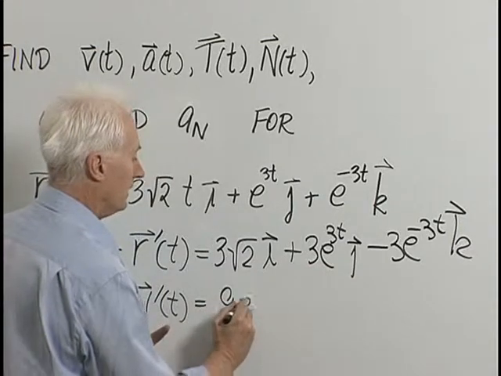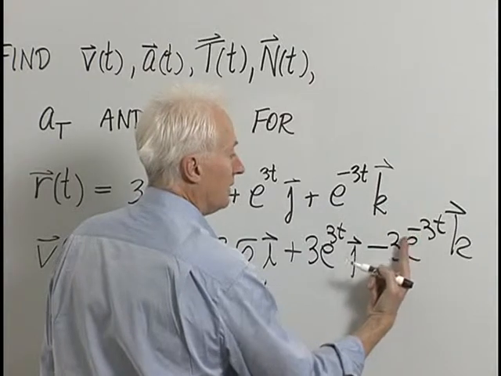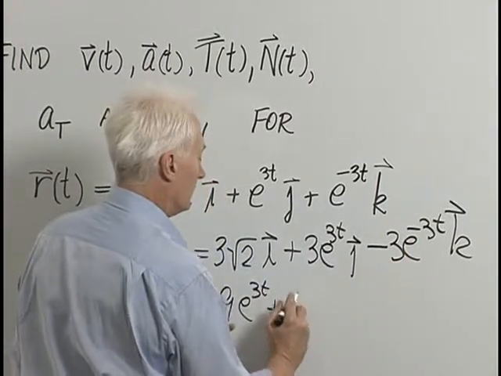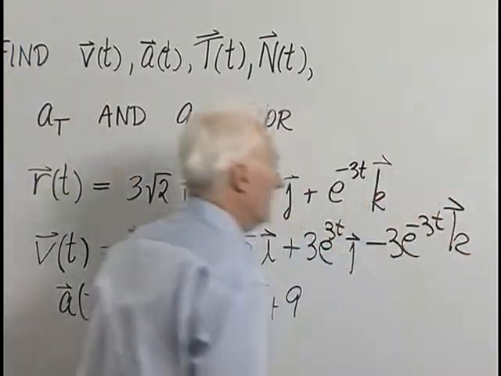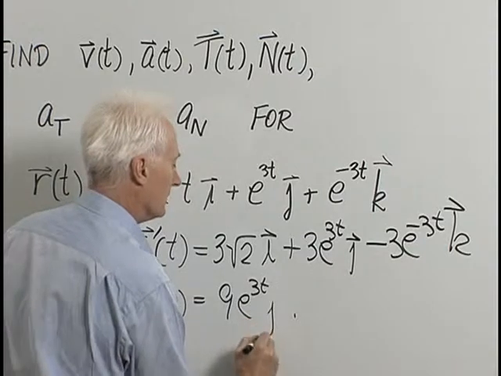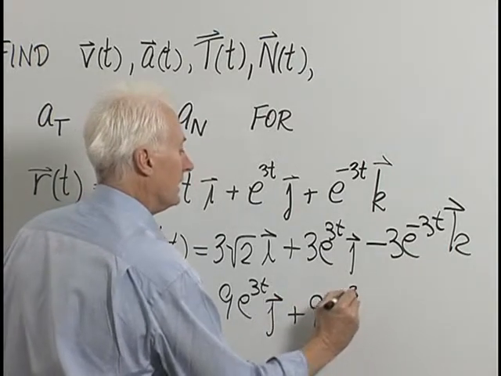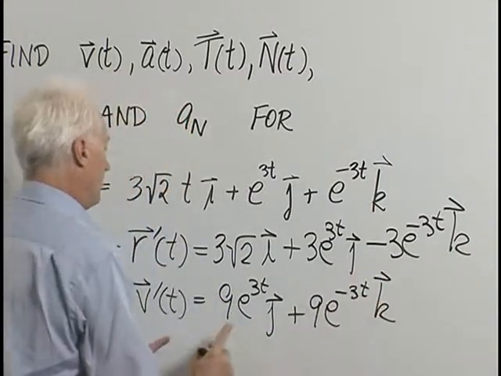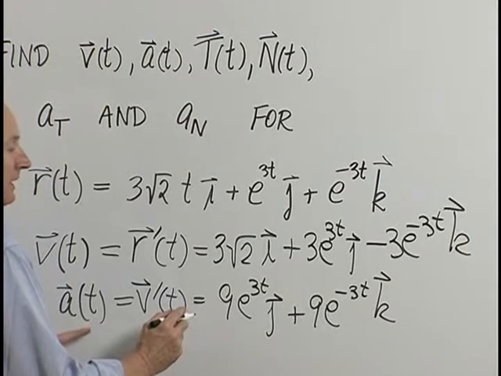That makes 9e to the 3t. And now a negative 3 times negative 3 is also a plus 9. Whoops, I've got to write my vector. Don't forget to put the vector in, that constant j. So we have plus 9 e to the negative 3t k, and there's our acceleration vector. So here's velocity and acceleration.